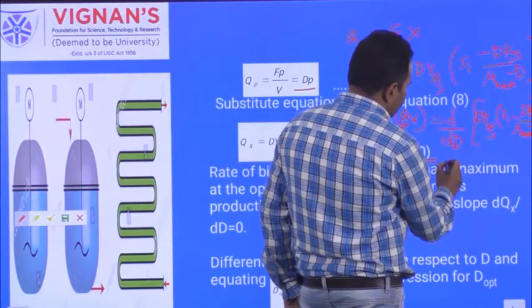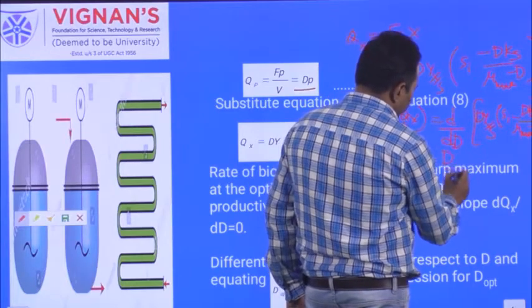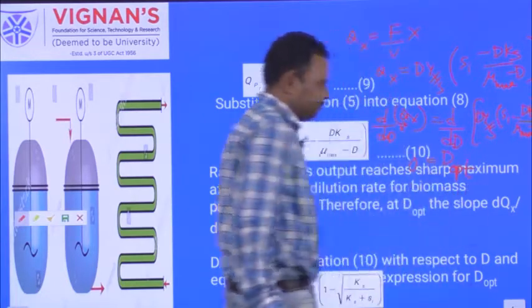The u by v rule and uv rule come in here. From this one, find the optimum dilution rate.